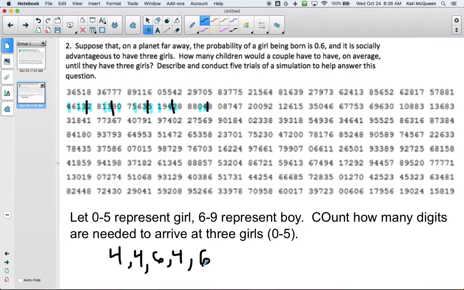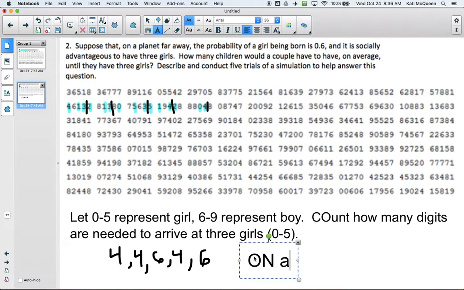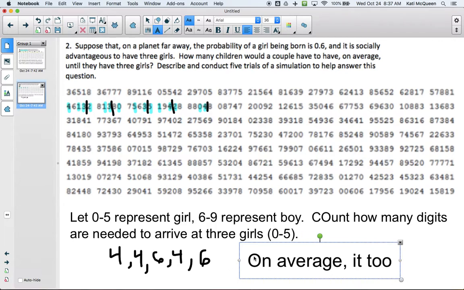Okay, so those are our 5 trials. 3 times it took us 4 children to get to 3 girls. The other 2 times it took us 6. If you started at a different line, you may have different results, of course. So then to answer their question, on average, how long will it take? I want to find the average of those 5 numbers.